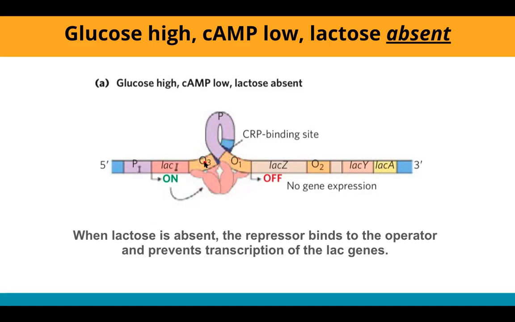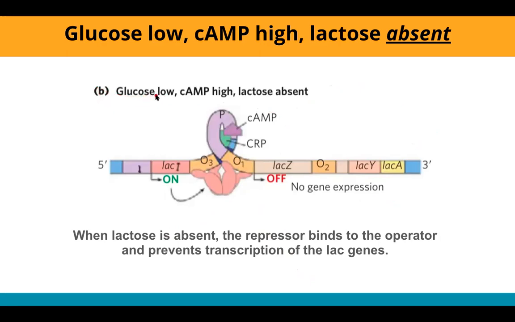The lacI gene, which codes for the repressor, is of course on, and that repressor binds to the operator site. So there will be no gene expression. Since you have no lactose, there will be no expression of genes for lacZ, Y, and A.